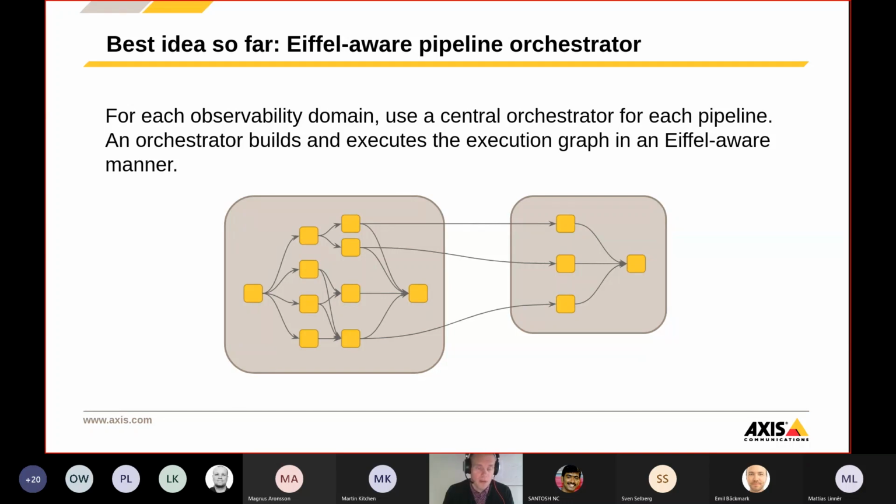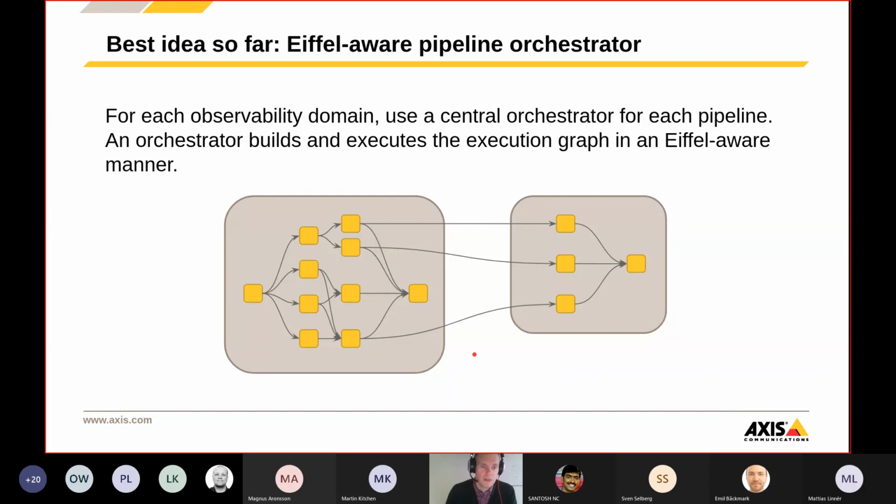So our idea would be to have observability domains, or whatever would be a better term, where we don't want to have a single orchestrator for every single Eiffel activity in the company. That wouldn't make sense. We would want to have some kind of compartmentalization.